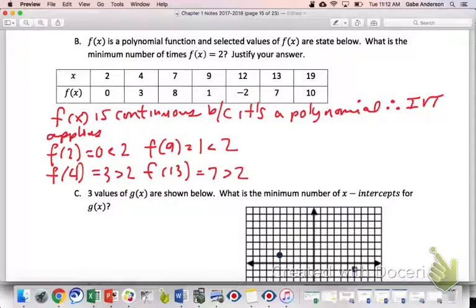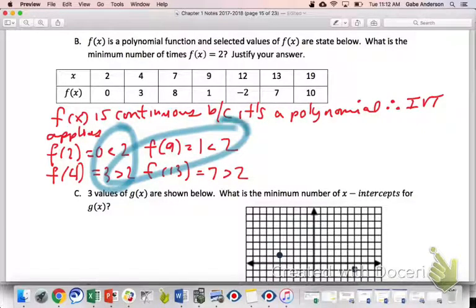So how many times does that data indicate? 3 times. Yep. So we'd get 1 time here, 2nd time there, a 3rd time there. So we start off below 2, then we go above. So there's 1, then we go below. There's a 2nd one, then we go back above. There's your 3rd time.